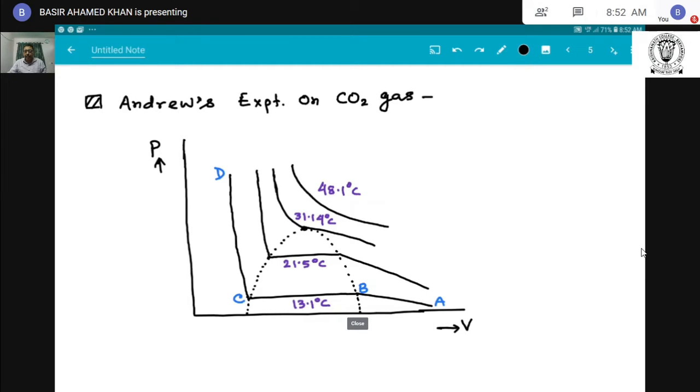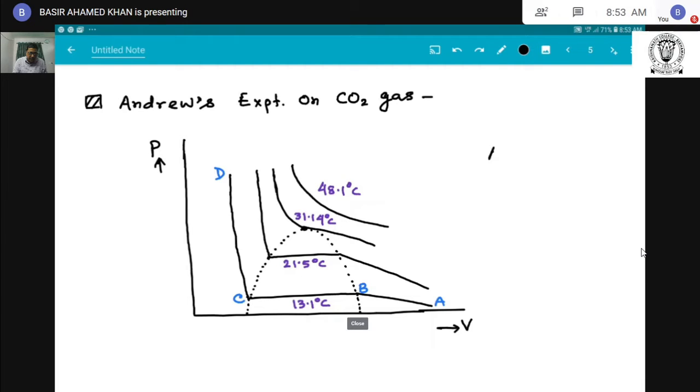Here we consider the isothermal at 31 degrees centigrade. It consists of three parts.